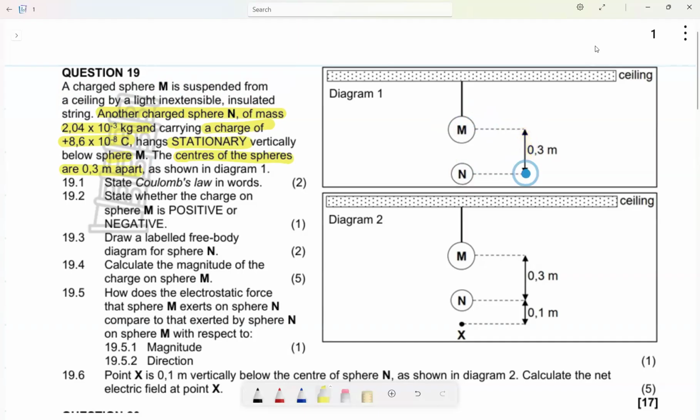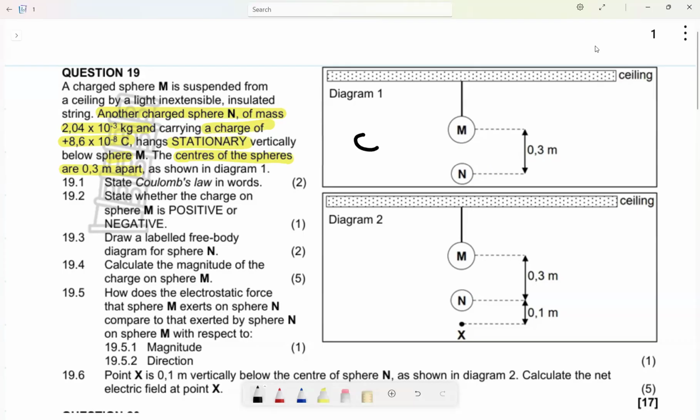They are at a distance of 0.3 meters apart. But before we look at the questions, we know that this object cannot hang just vertically like that unless there are forces keeping it there.